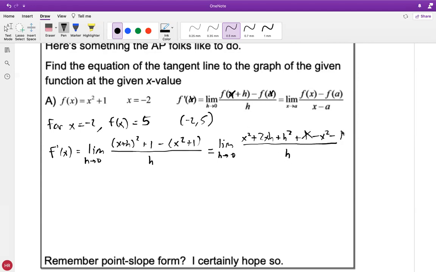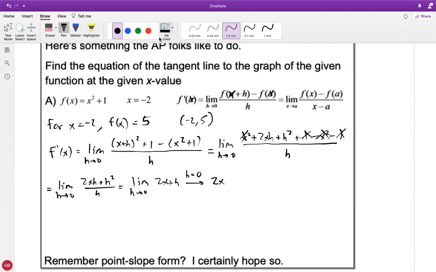The 1's go away, the x squareds go away, and we're left with the limit as h approaches 0 of 2xh plus h squared all over h, which simplifies to 2x plus h, which becomes 2x when you let h equal 0.